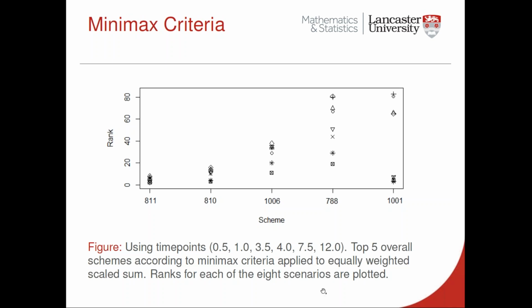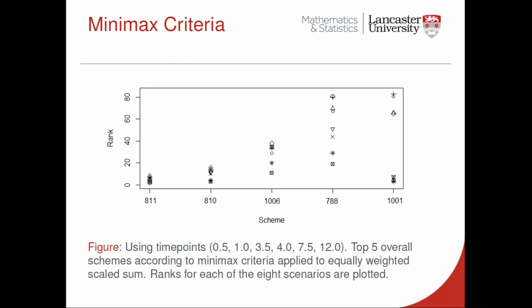What we find is that, for example, the scheme entitled 811, and again, I'm afraid there's no direct interpretation of that number other than this is the 811th possible scheme that we've considered, we find that for all 8 of these different scenarios, the rank of that particular scheme is never worse than 10.